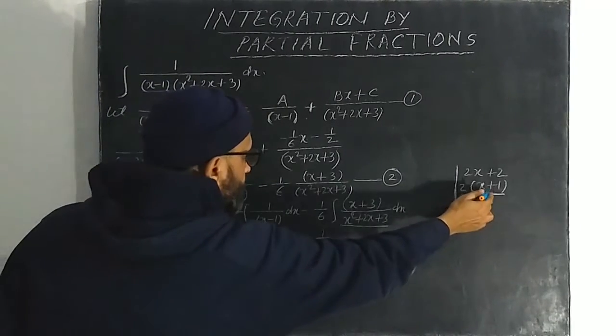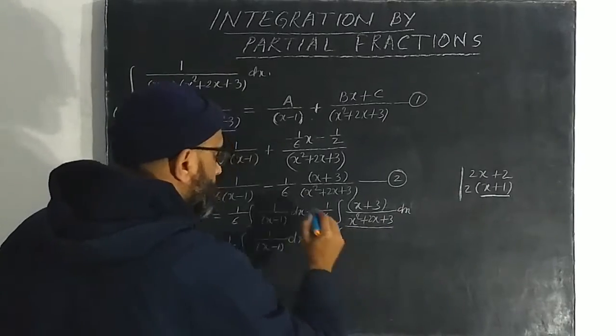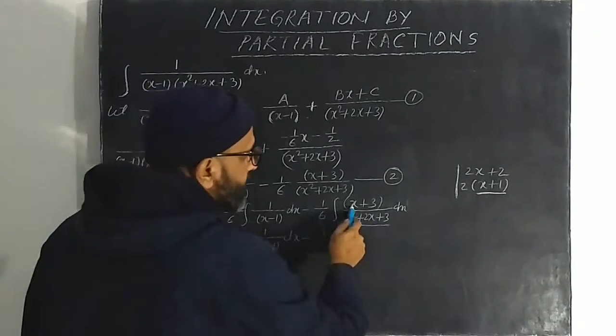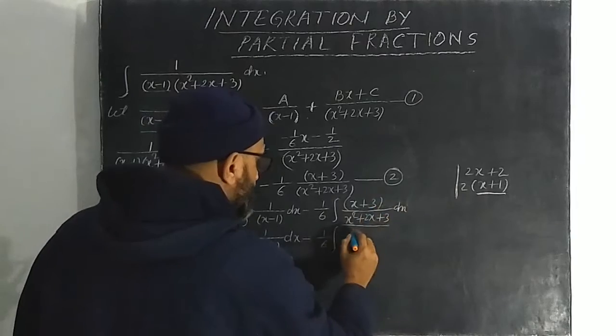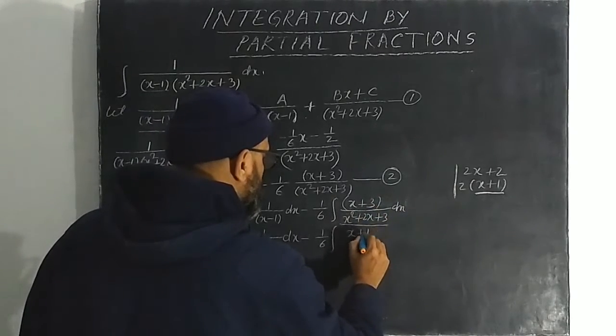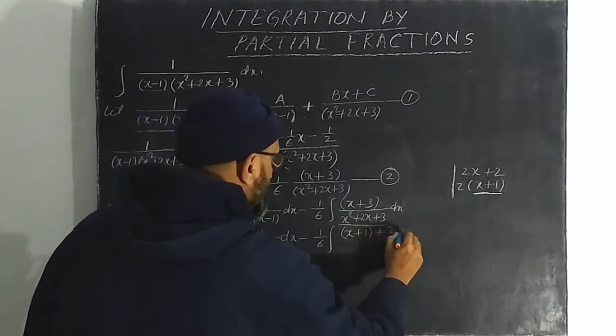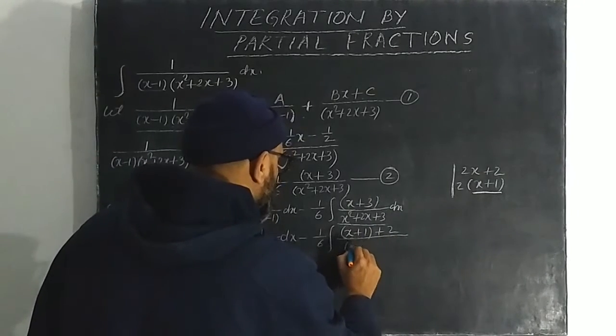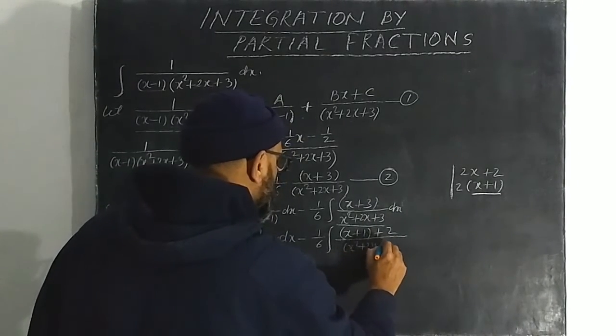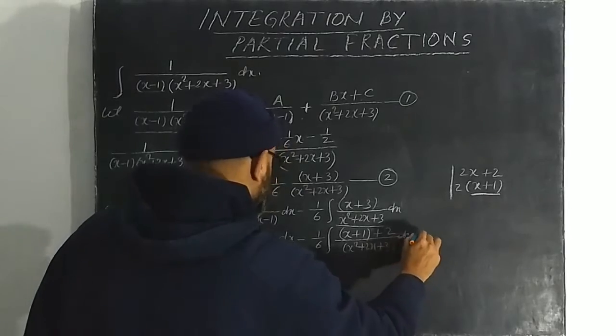But first we have to express this in terms of x plus 1. So x plus 3 is x plus 1 plus 2, divided by x square plus 2x plus 3 dx.